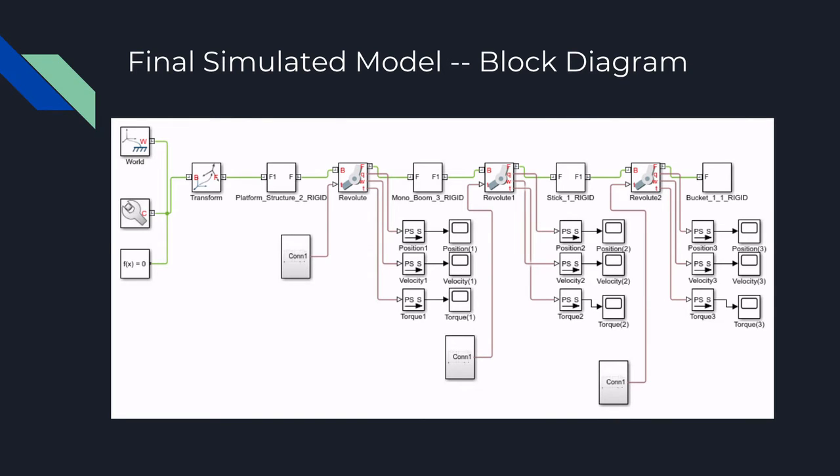Here's our final simulated model block diagram. We also have our electrical subsystem included in here, along with our sensors. And our sensors are going to be measuring the position, the velocity, and the torque. And the torque should be directly related to what current we're inputting from the electrical subsystem.